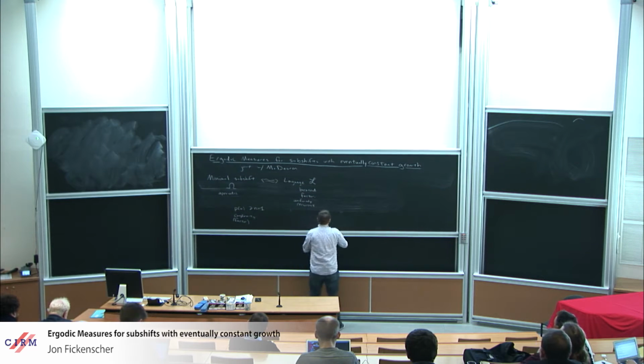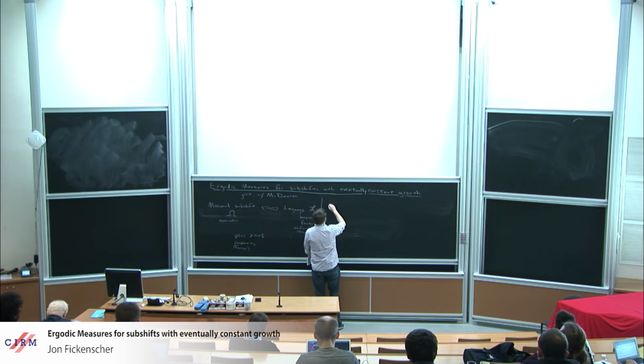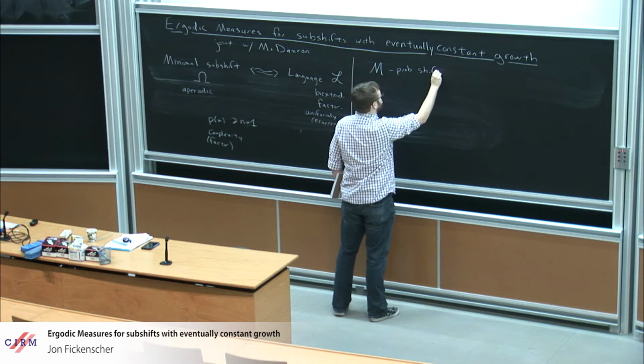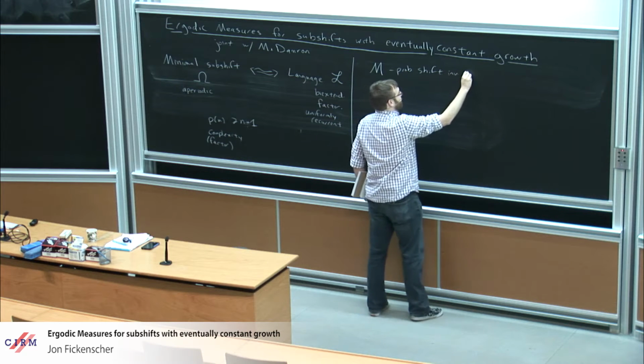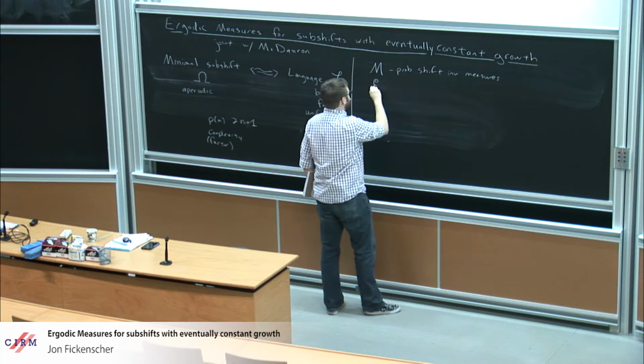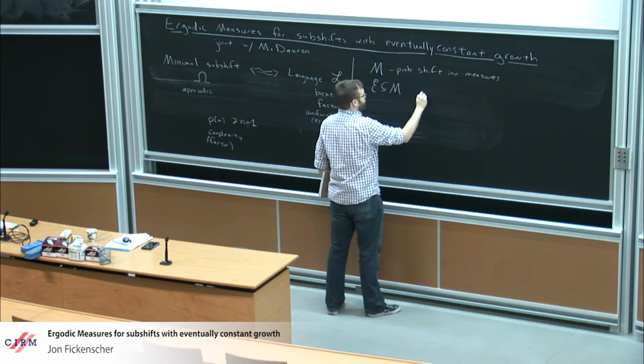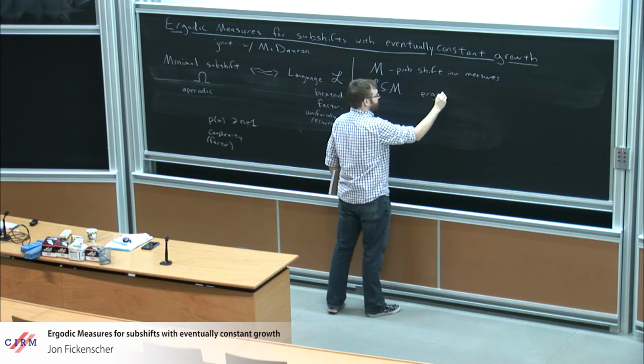So as has been mentioned a few times, we keep sneaking measures into the talk. So such shifts admit a convex set of shift-invariant probability measures. And what we're going to be concerned with is the subset E, which are the ergodic measures.